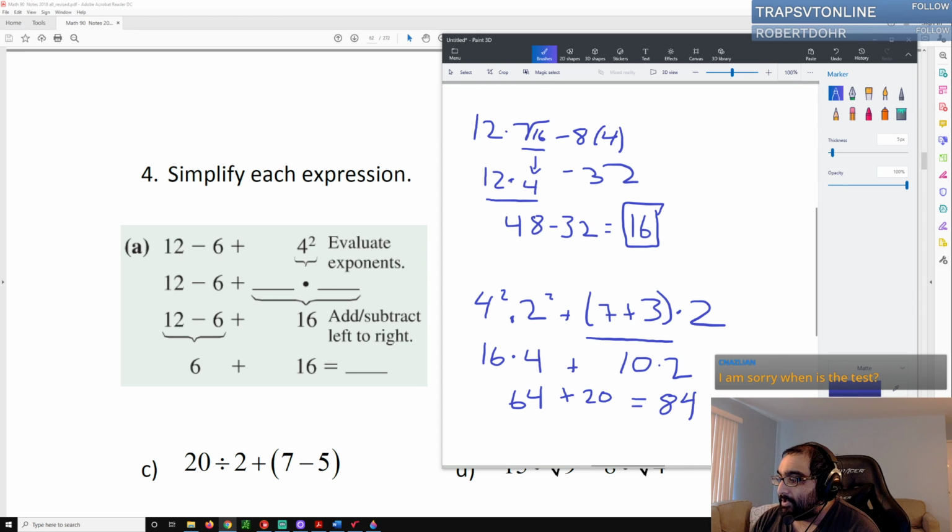Understand that the test will be posted probably next Tuesday, but will not be due until the following Tuesday after that. So it'll be posted on the 15th, but not due until the 22nd. Now, one thing to understand is that I will need to see work, so I will be setting up a Dropbox, and I'll be posting that in the announcements as well.